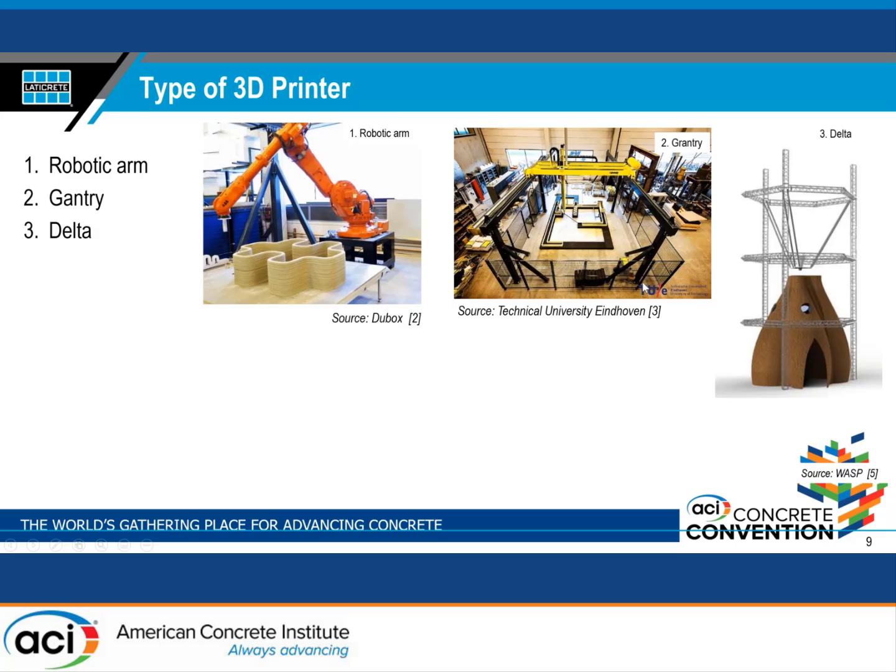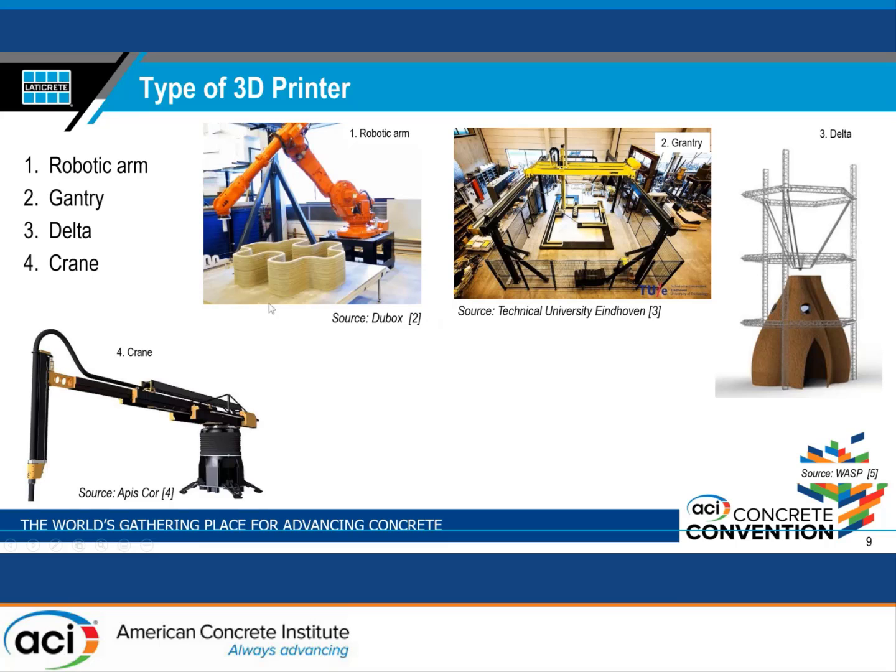Another one is the Delta 3D printer, in which the printer head or the extruder is held by 3 arms. Each arm can be moved up and down independently. The fourth one is the crane type.